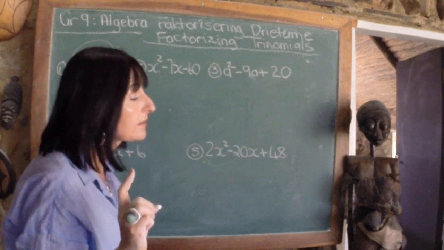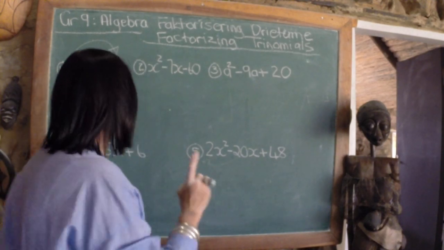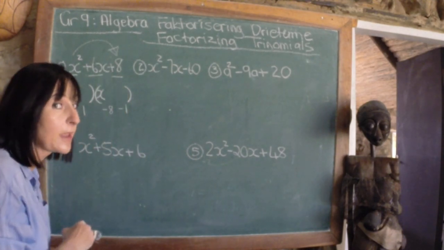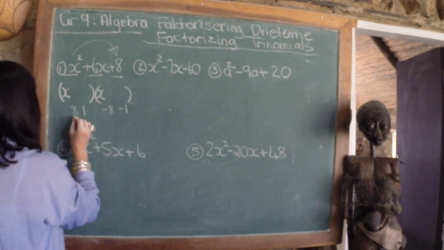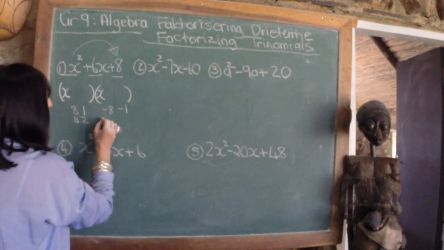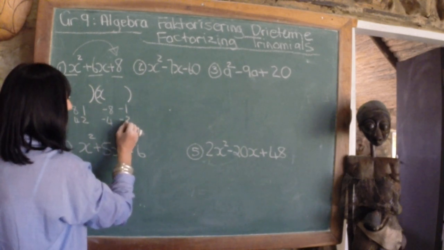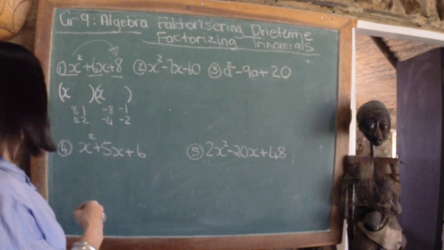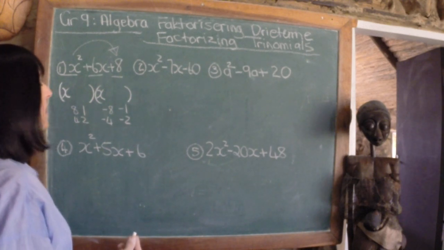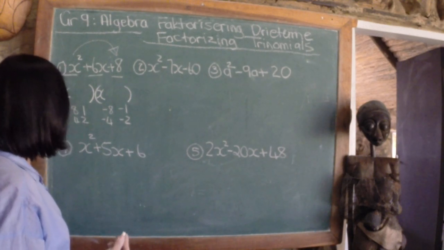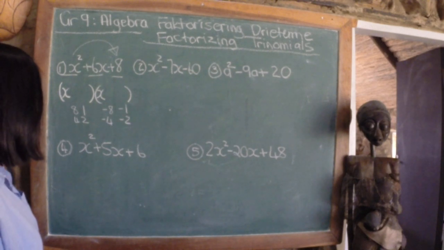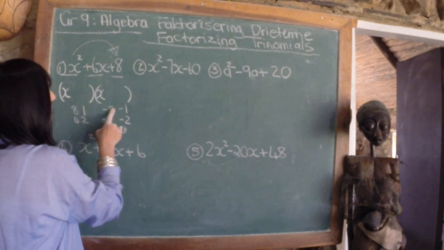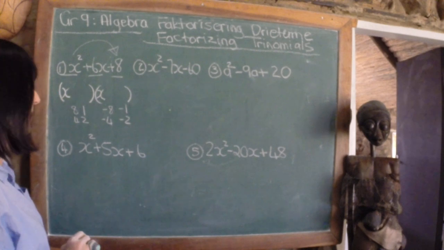Because remember grade 9's, a minus times a minus gives a plus as well, né? So ek het 'n 4 en 'n 2, minus 4 en minus 2 kan ook werk. En dan het ek 2 en 4, wat dieselfde is as 4 en 2, so that's all the factors of 8. Nou watter een van hierdie 4 sal ek in die hakies gaan skryf?